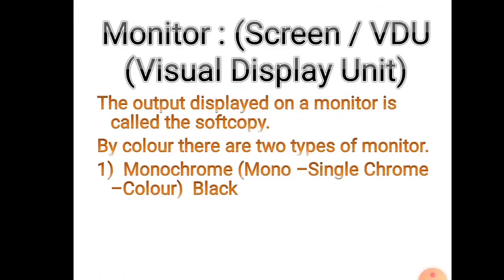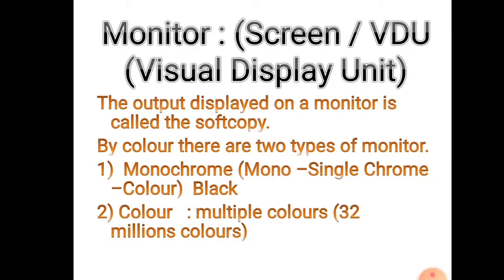The first one, which we were using earlier, is monochrome. Mono means single, chrome means color. Earlier monitors displayed only one single color, black, so we see the picture in a black and white display. That is monochrome.